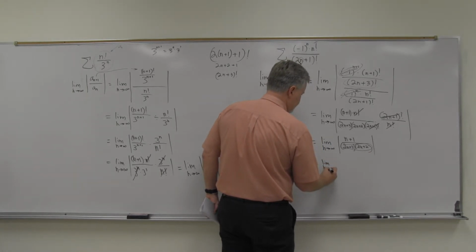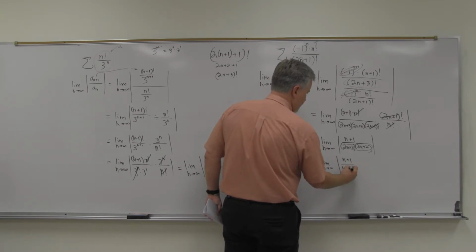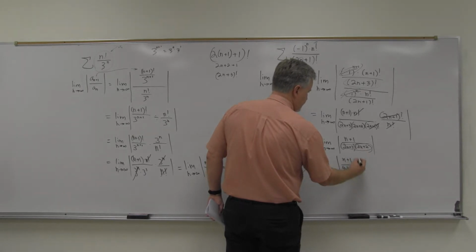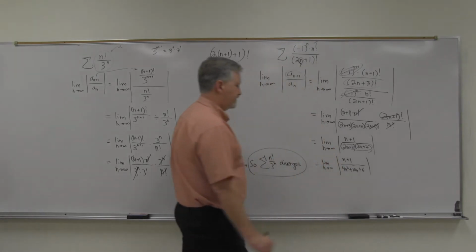We get the limit as n goes to infinity of n plus 1 over 4n squared, plus 4n and 6n, which is 10n, and then 3 times 2 is 6.